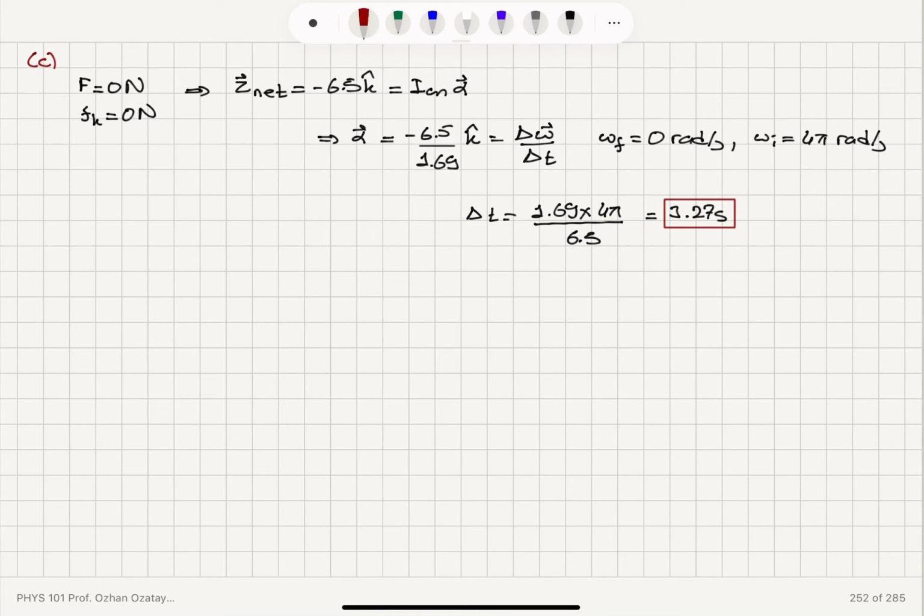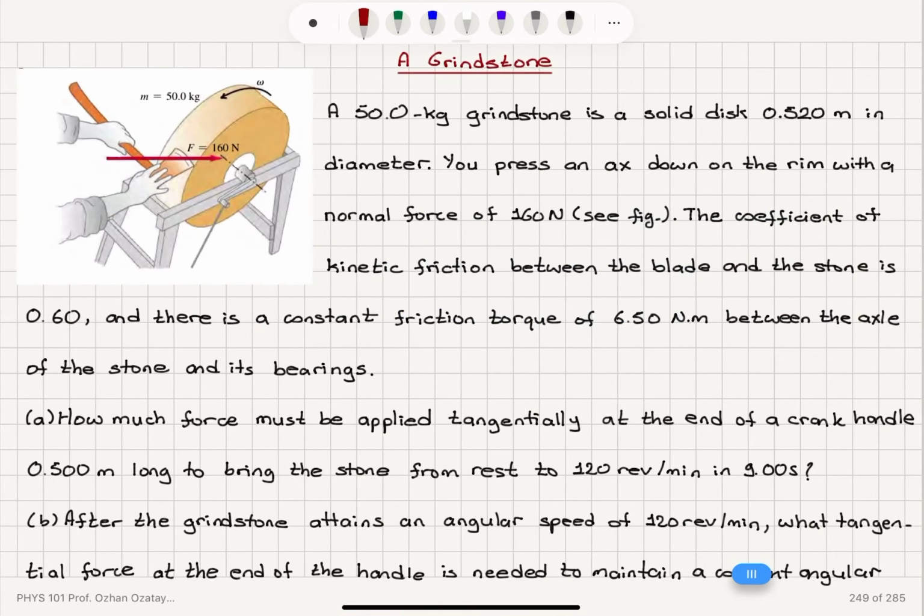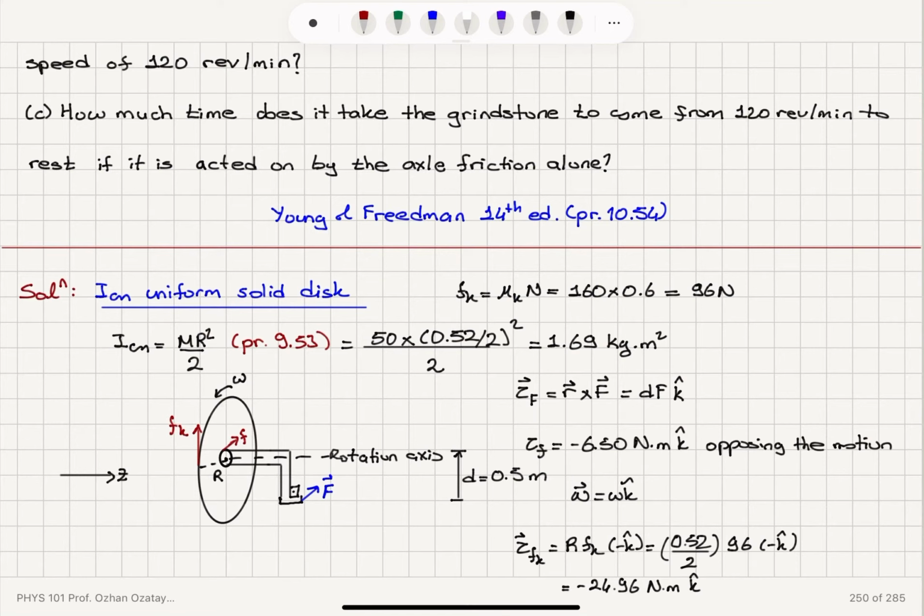Okay, so to summarize, in this problem we have a grindstone, a 50 kilogram grindstone. It's a solid disc. First thing I did was to find its moment of inertia for rotations about the center of mass, which was calculated to be mr squared over 2 in problem 9.53.